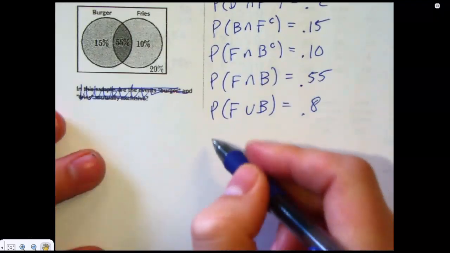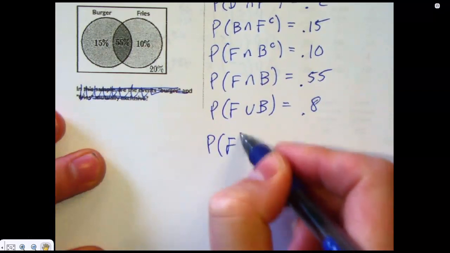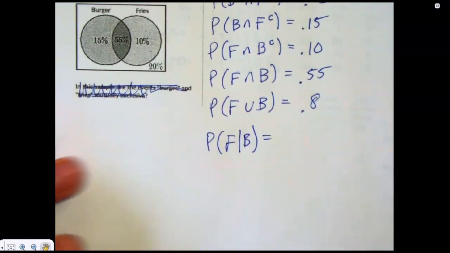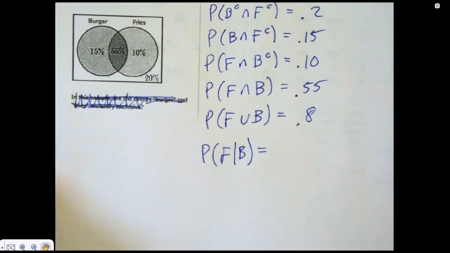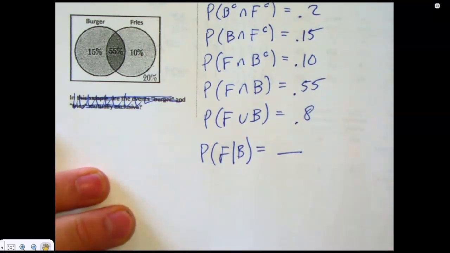Alright, two more here. The probability of fries given burger. So only looking at the burger circle. Let's start there. How big is the burger circle? It's 0.7.